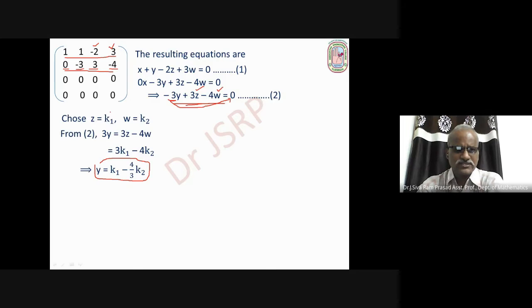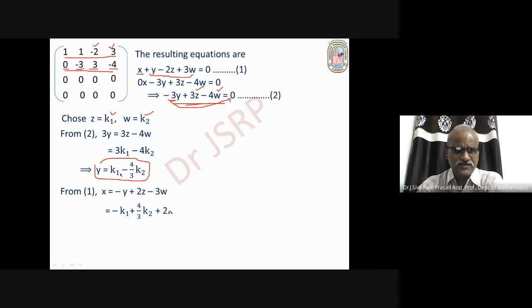Okay, so this is the z value, and this is the w value. Substitute these in 1. So from 1, x equals, write all these terms to the right side, so minus y plus 2z minus 3w. Substitute the values, first minus y.